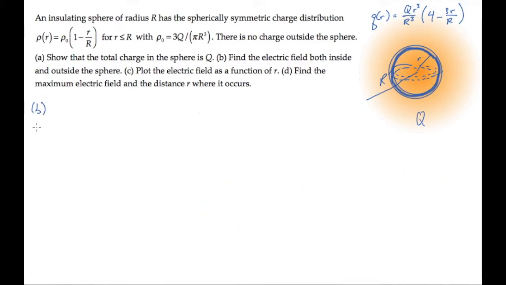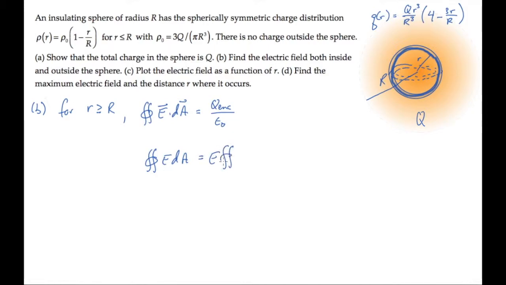Let's first look at the region outside the charge distribution, where little r is greater than or equal to capital R. Gauss's law tells us that the integral of E dot dA over a closed surface equals the charge enclosed by that surface divided by epsilon naught. The Gaussian surface we choose is a sphere centered on the charge distribution, so that E dot dA equals E times dA.